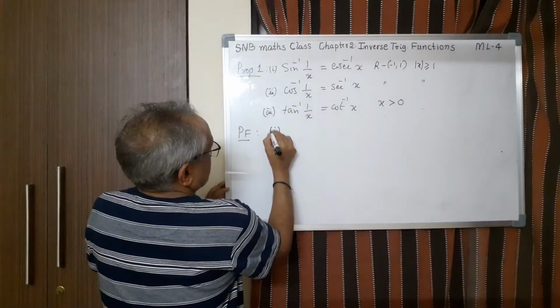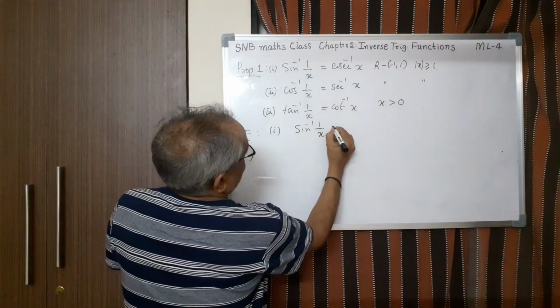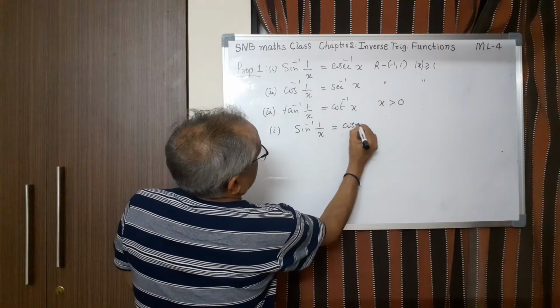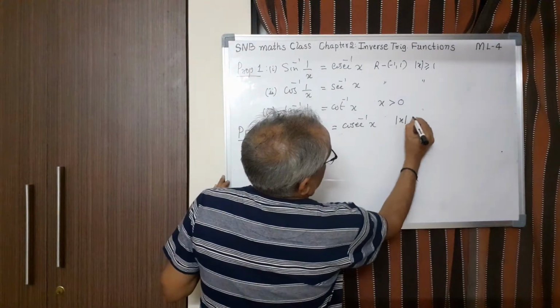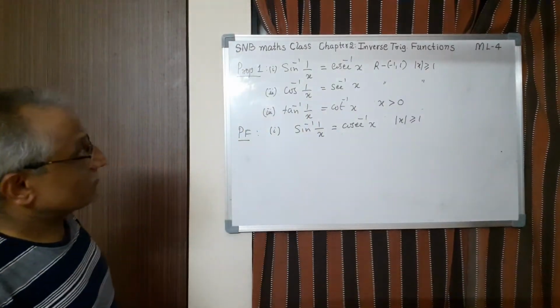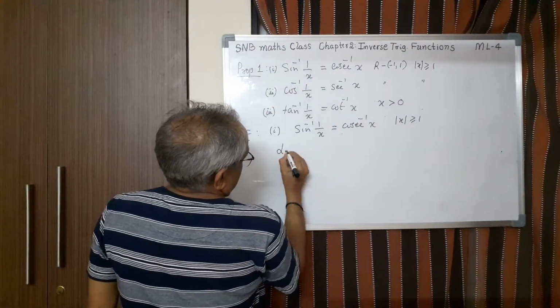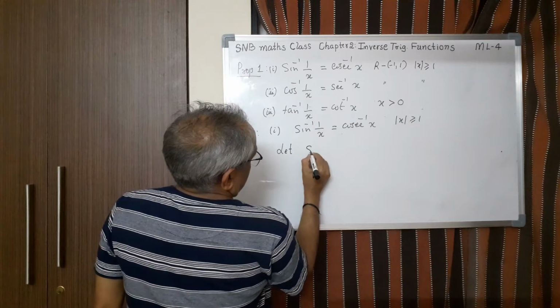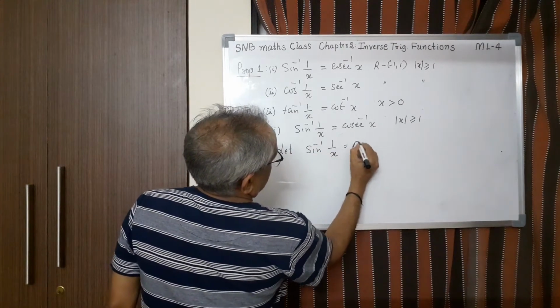So the first one is, I have to show sin inverse 1 by x is the same as cosecant inverse x. Condition is mod x more than 1. That means x belongs to R minus the open interval (-1, 1). Now let sin inverse 1 by x equal to, let us say, a.